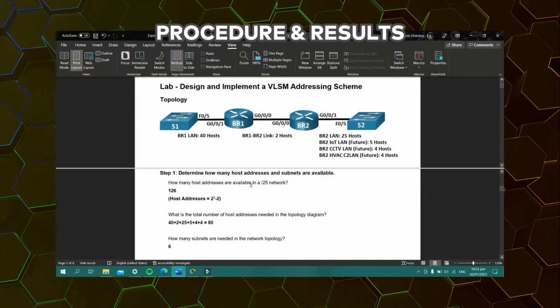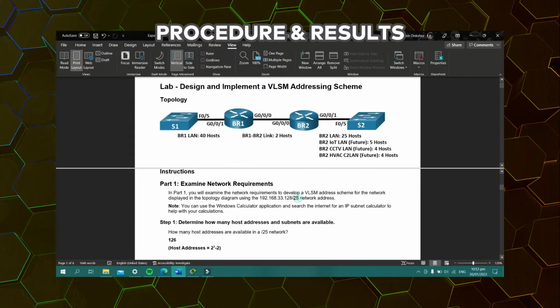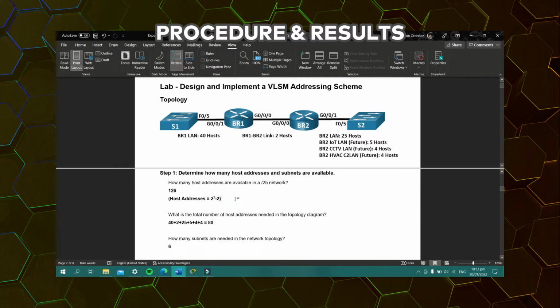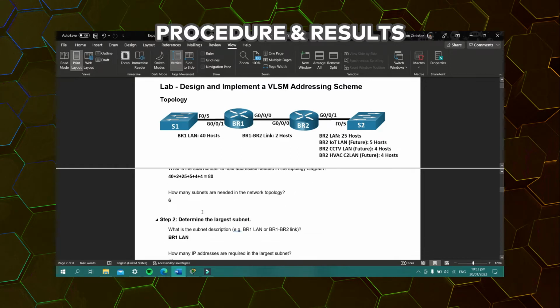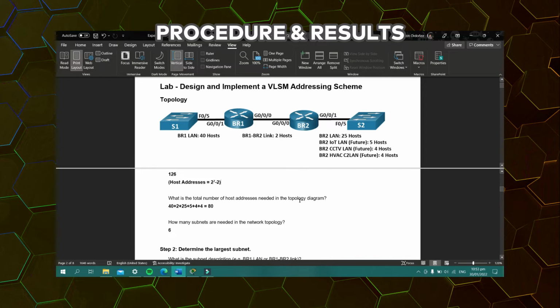How many addresses are available in a /25 network? The host bits for a /25 network is 7, so 2 raised to 7 minus 2 is equal to 126. What is the total number of host addresses needed in the topology diagram? It says 40 plus 2 plus 25 plus 5 plus 4 plus 4.